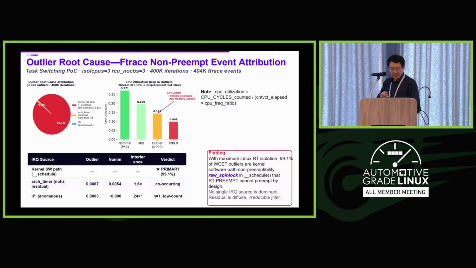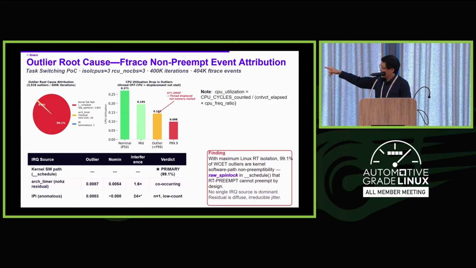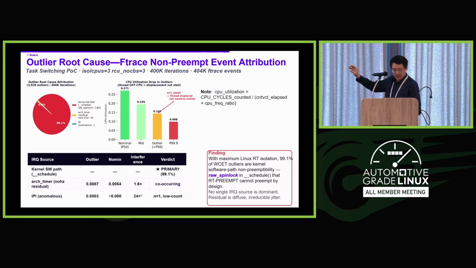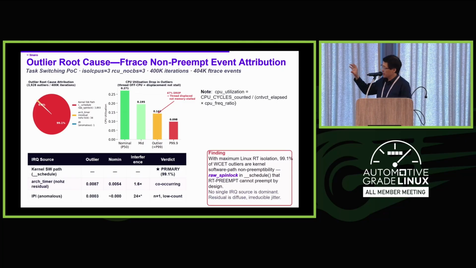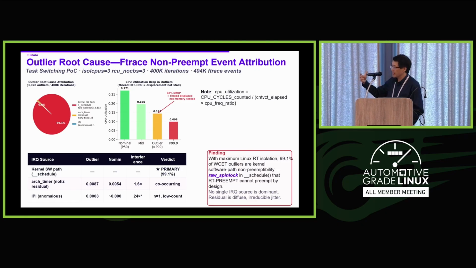If you're looking at the table underneath, the primary FTOS event when the outlier happens is when the scheduler is calling a raw spin lock. This is exactly a non-preemptible kernel path, which essentially delays the high priority task from getting scheduled.